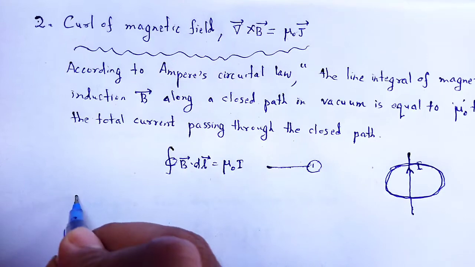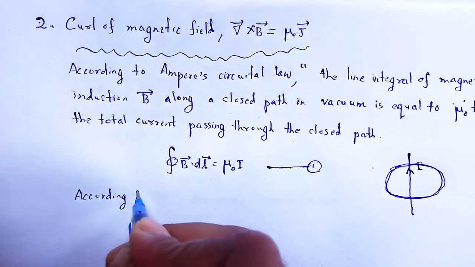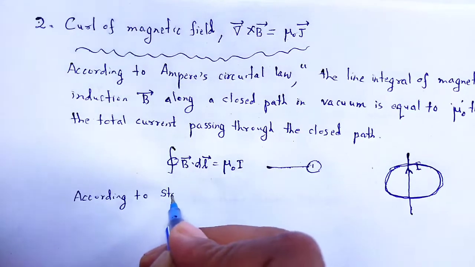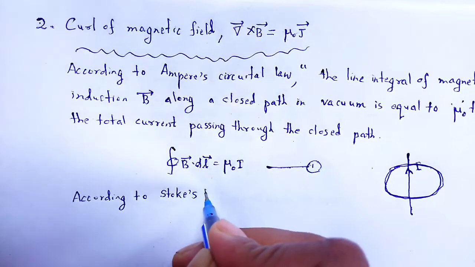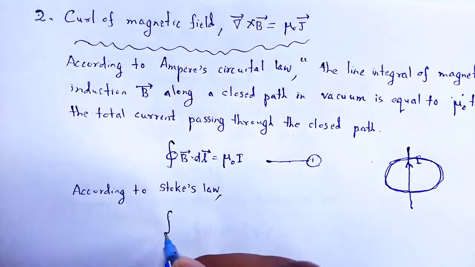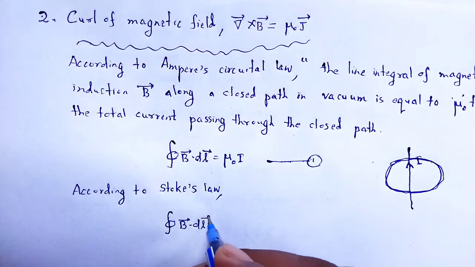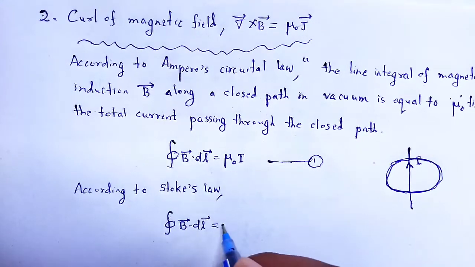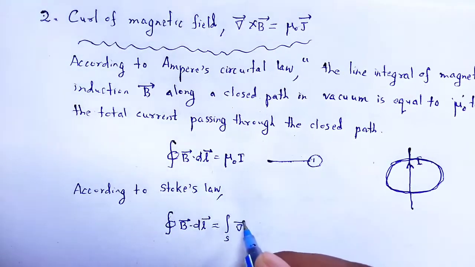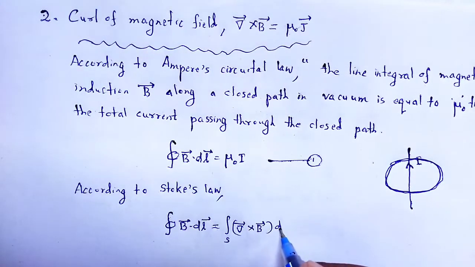Then according to Stokes law, the line integral changes to the surface integral grad cross B ds.